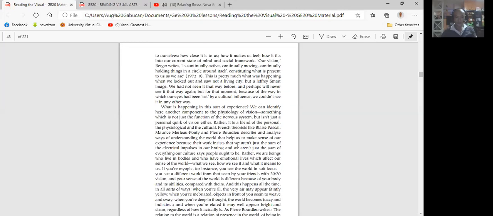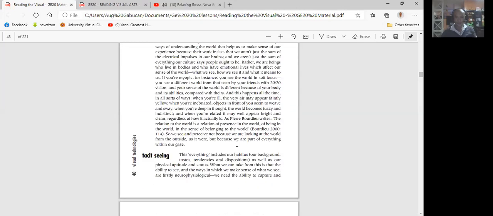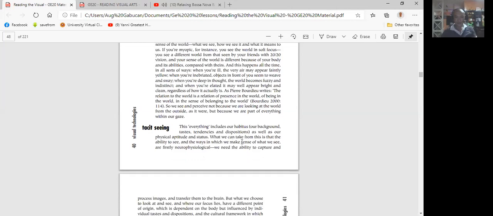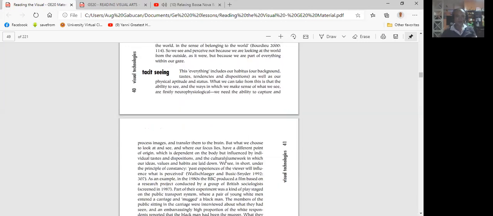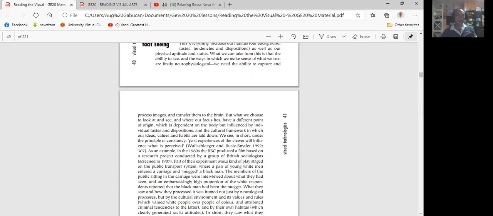Okay, so tacit seeing here includes everything that we see around us. For example, when we walk, of course, we use our eyes when we walk. Do you have to analyze everything that you step on? Somehow you would probably lose your balance when you do that.